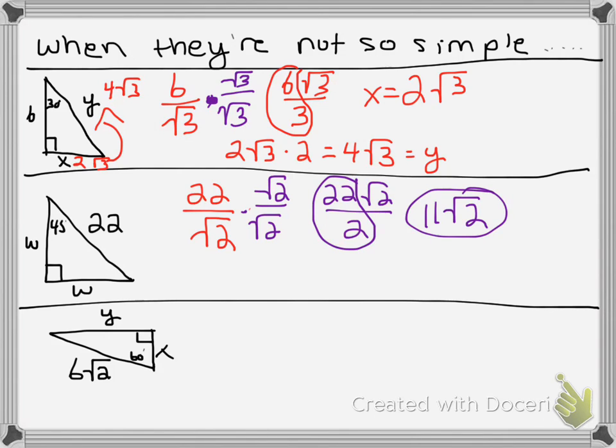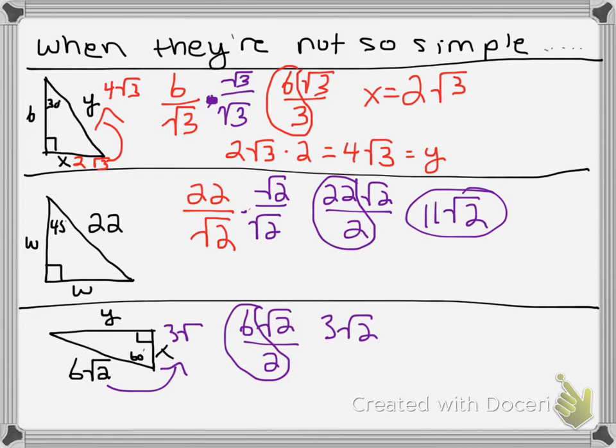And one more. The hypotenuse on this one, 30, 60, 90 triangle, is 6 square root 2. So if we're going to go backwards to the short leg, we have to divide by 2. So 6 square root of 2 divided by 2, we divide these, so you get 3 square root 2. So that part was easy.